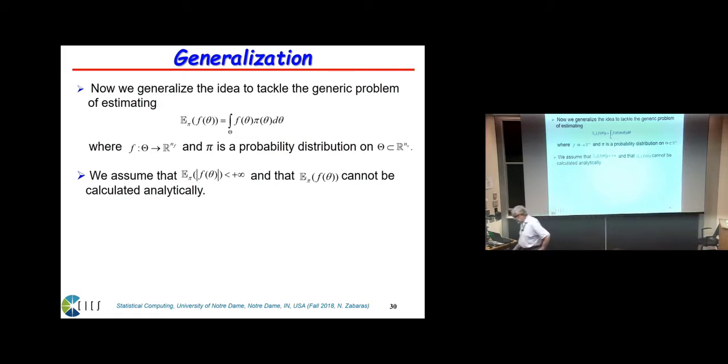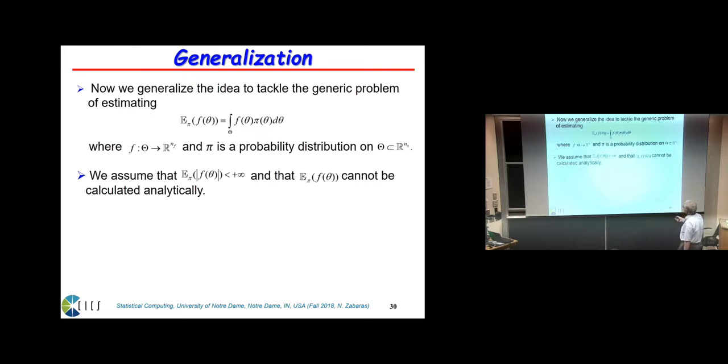Literally now we're away from circles and hyperspheres. So we want to calculate the expectation of a function of theta, where theta follows the distribution pi of theta. So you can think of this integral, for example, with pi of theta being the posterior distribution, and you want to calculate the posterior mean of this function f of theta here, okay?